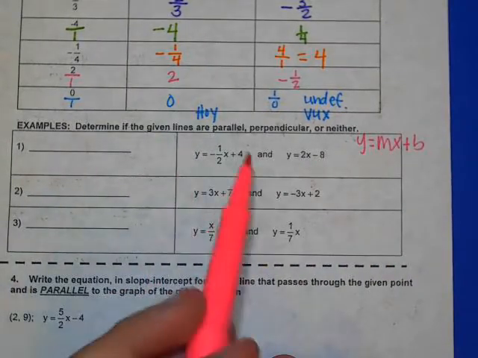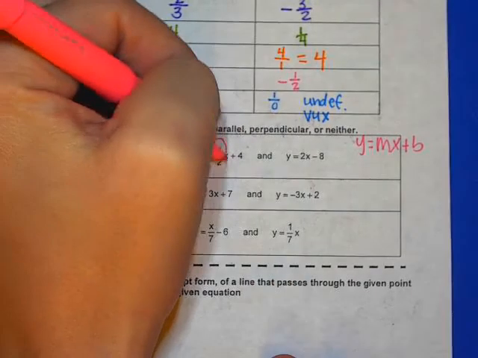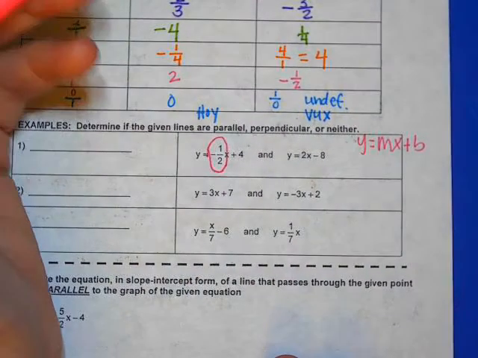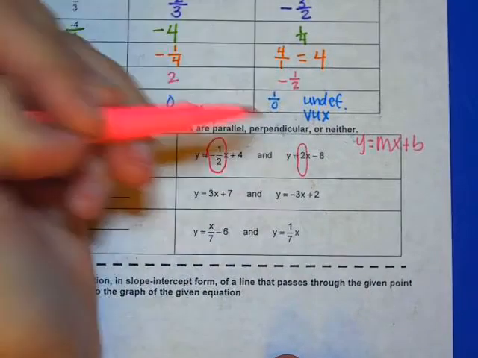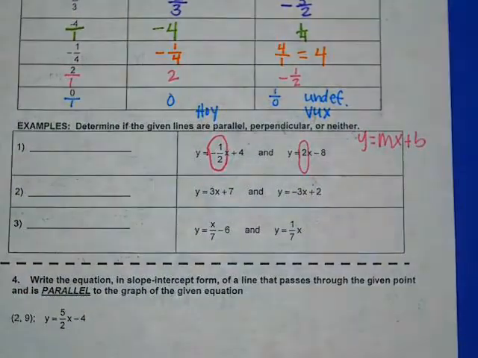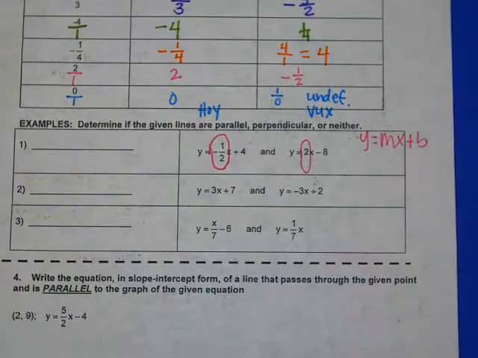So this equation, what's the slope? -1/2. What's my slope for the second equation? +2. Parallel, neither, perpendicular? Perpendicular. How do you know? It matters if one's positive, one's negative, and the fraction is flipped.